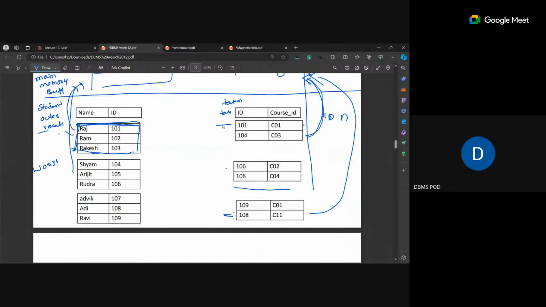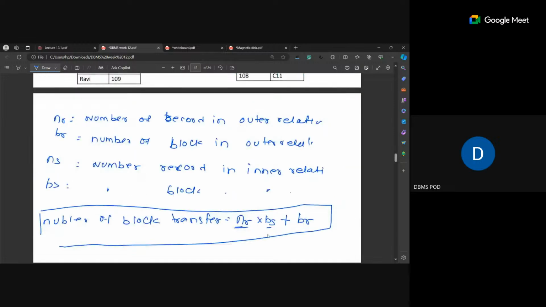Record is tuple. And plus, each block of the outer relation has to be moved into main memory, so that's why BR. It should be plus.